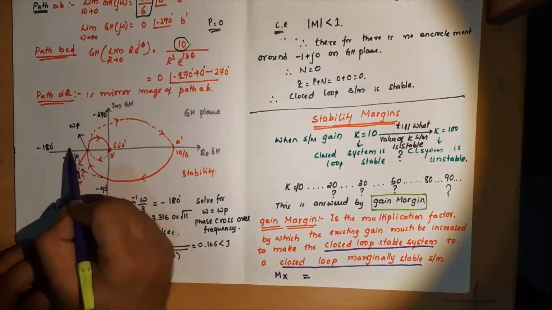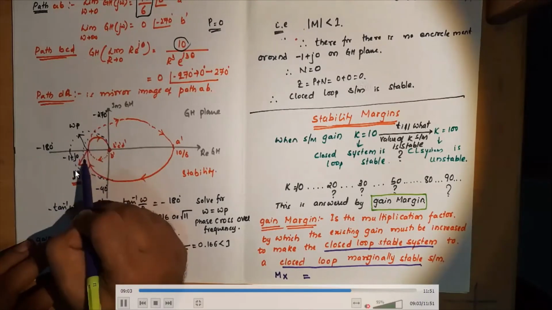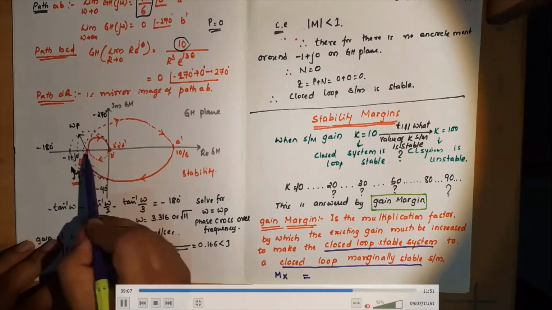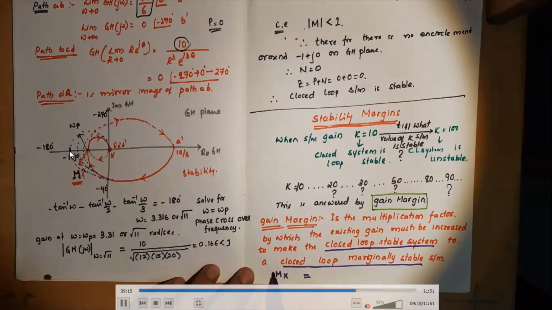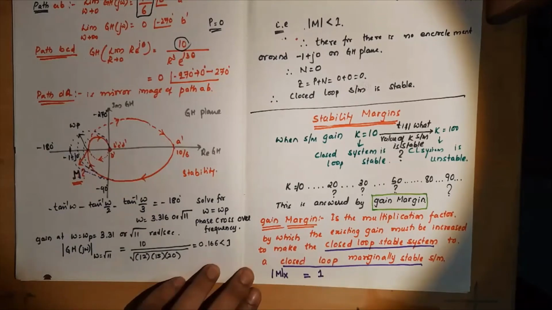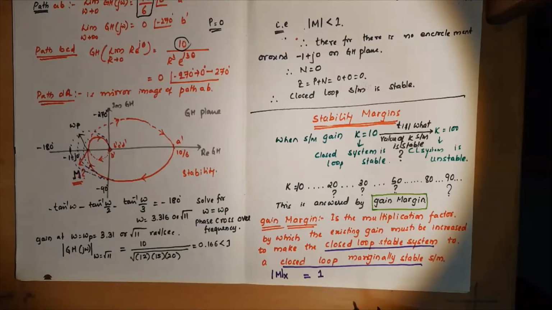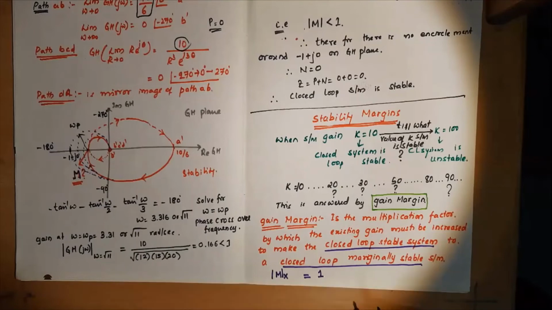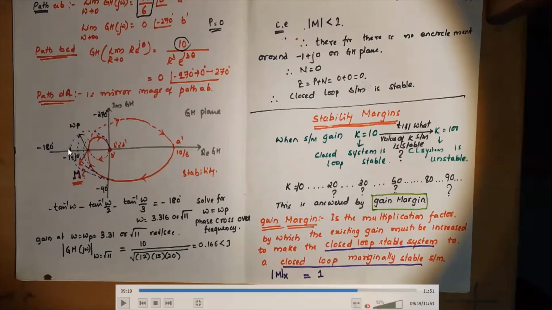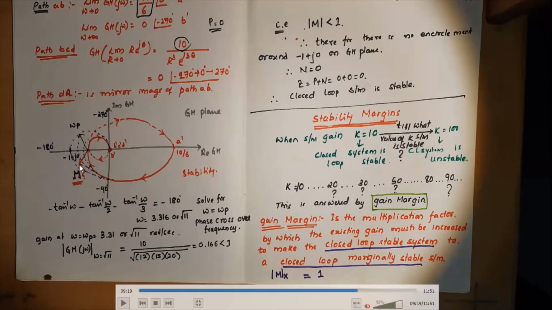Suppose you have increased the system gain, and this is how you got the critical stability curve, from 10 to 20 to 30 to some value x. So my question is, at what value of system gain do we reach gain equal to unity, or M equal to unity?